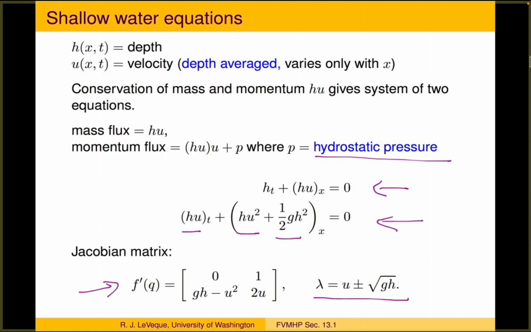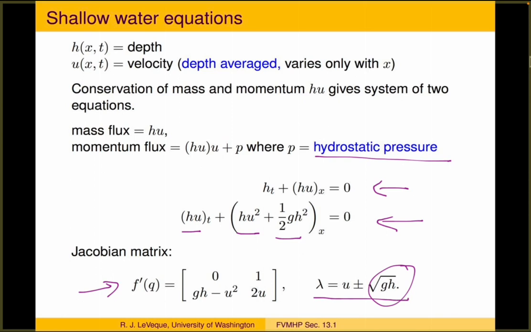And the eigenvalues are, again, somewhat similar to gas dynamics. They look like u, the velocity, plus or minus the square root of gh in this case, which plays the role of the speed of sound in a gas. Here the square root of gh is the speed at which a gravity wave travels in fluid of depth h.